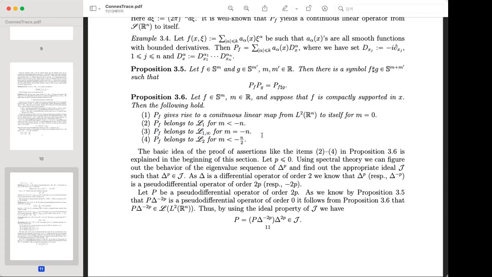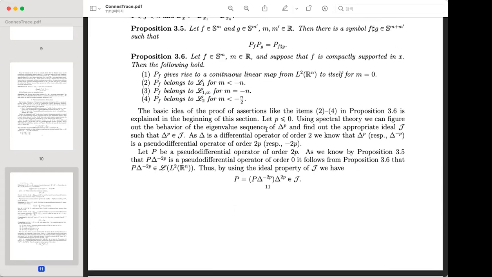Okay, so as I told you, this is the starting point of the study of Connes' trace theorem, because the Dixmier traces are linear functionals on this ideal. So if we find any operator which belongs to this ideal, then we can think about taking the value of the Dixmier trace of such operators.